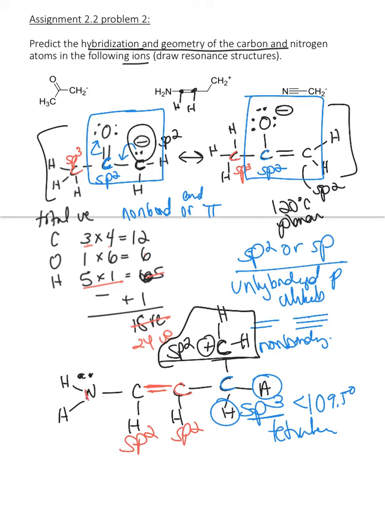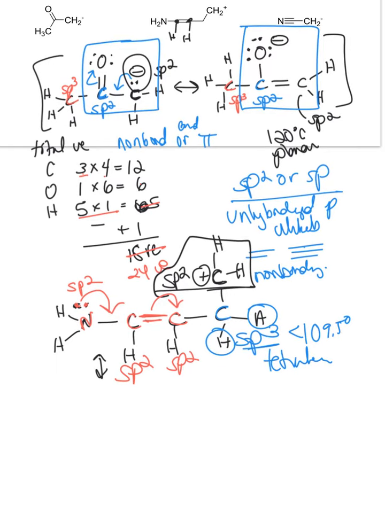Now this nitrogen, because it's next to an sp2, is considered an sp2, because those electrons can go to that carbon, and then these can go here. And then that makes a resonance structure, hence my resonance arrow. Put your nitrogen, carbon, carbon, lone pairs there.